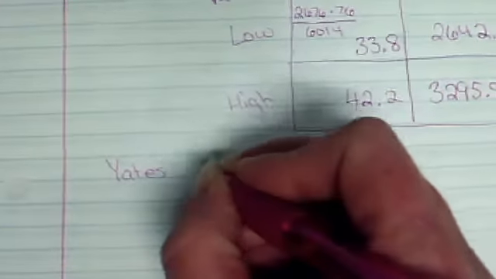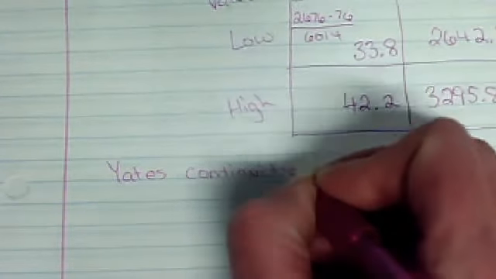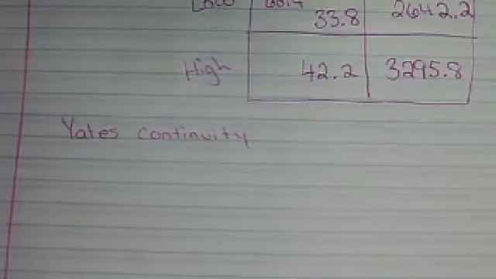So the next part is to apply the formula. Now, for Yates continuity, which you must use if you have a 2x2 table, this is new for this year in IB.